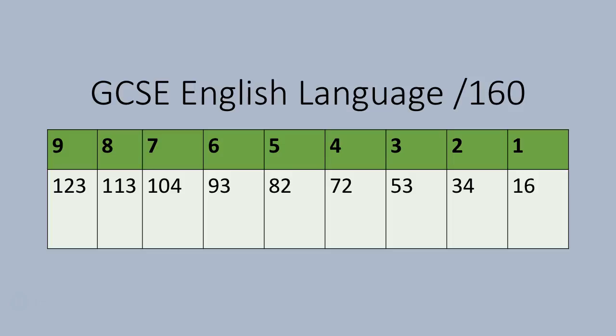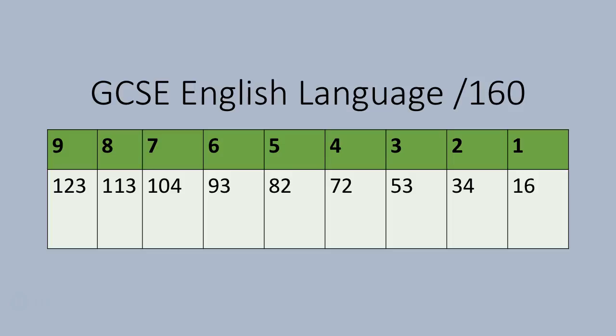Now what's interesting to think about here, a lot of people have been talking about how do these new grades compare to the old grades? In the 2016 AQA higher tier English language exam, to get an A star, you needed 55 out of 80.